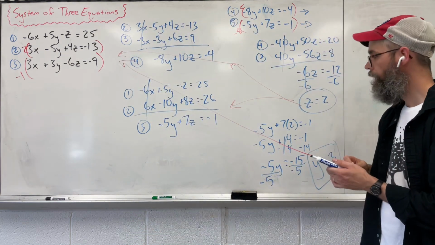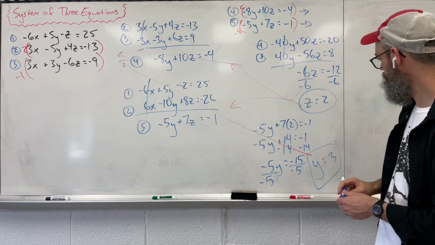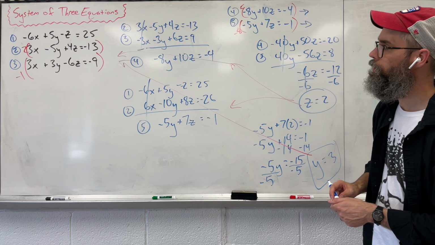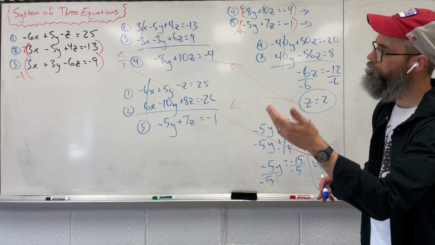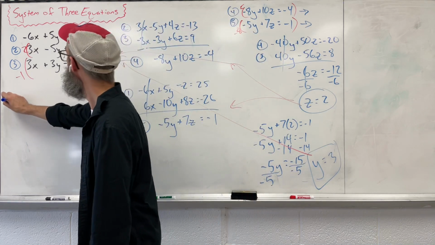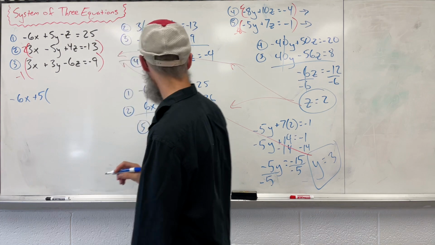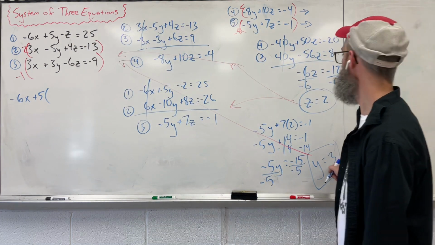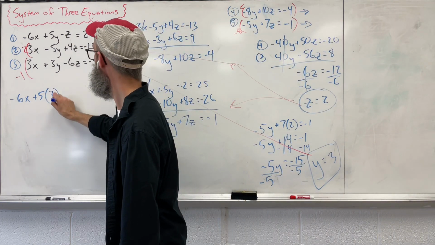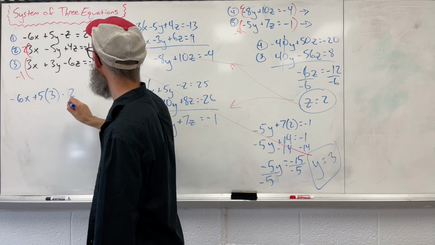We need to take z and y and come all the way back to the beginning now and substitute it into either 1, 2, or 3. Let's pick equation 1. So negative 6x, 5. My y is 3. Minus my z was 2.